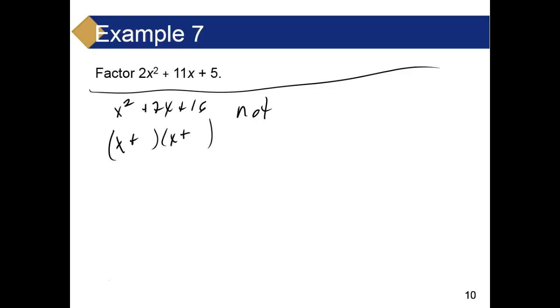Now, here's what I look for, and this is just because I'm used to doing it. The only factors for 16 are 2 times 2 times 2 times 2. So all those factors are going to be even, right? And can you add two even numbers together and get an odd? No, you can't. That's what I look at. But I'm used to doing this.